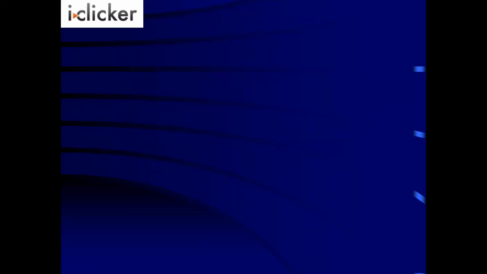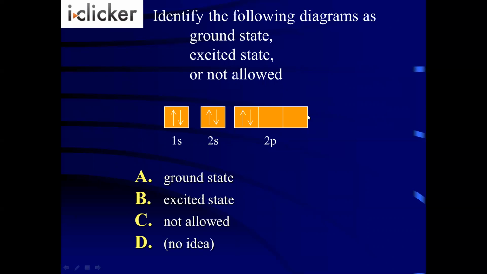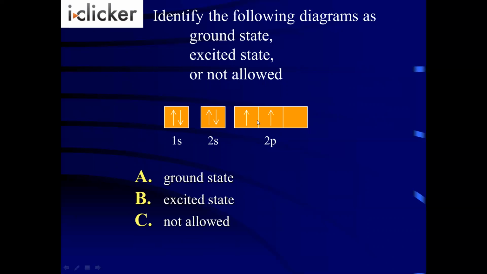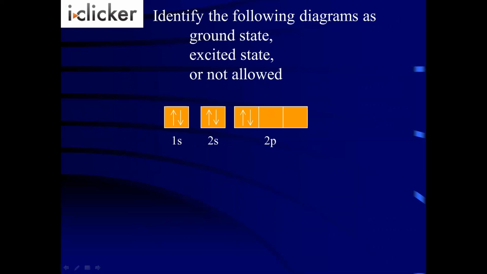This one is also allowed. You see, every orbital has 2 electrons with different spin. It's okay. However, this energy is higher compared with this one. According to Hund's rule, this one has the lowest energy because the electrons are filled into different orbitals.